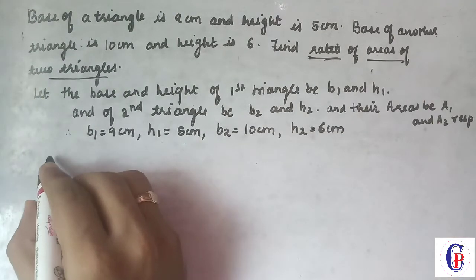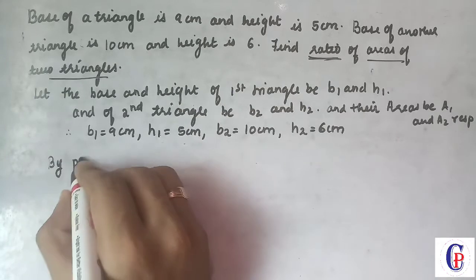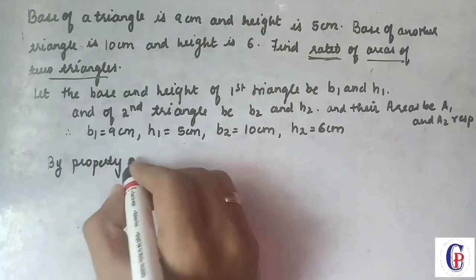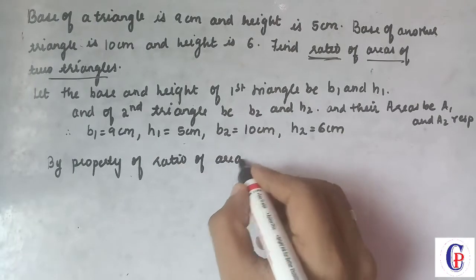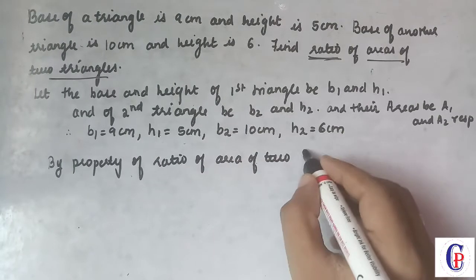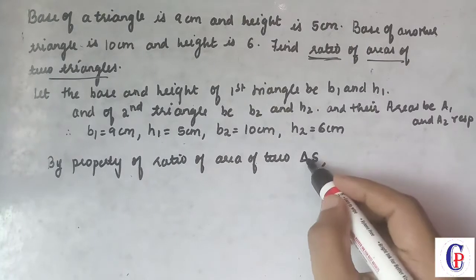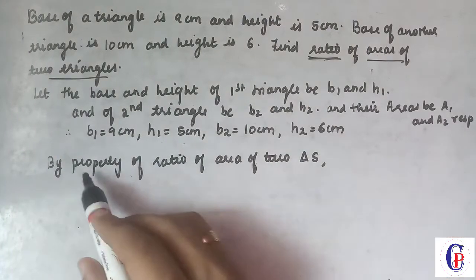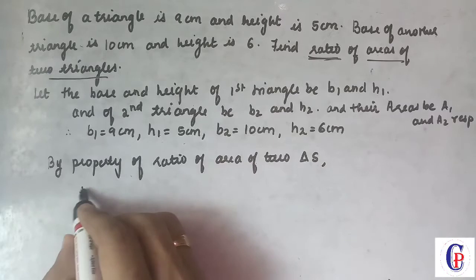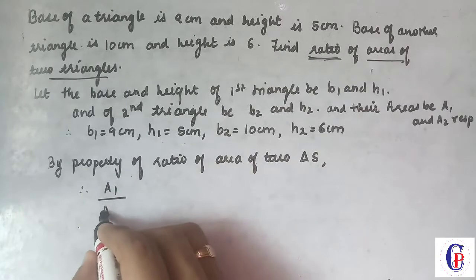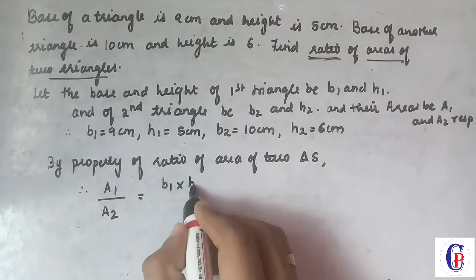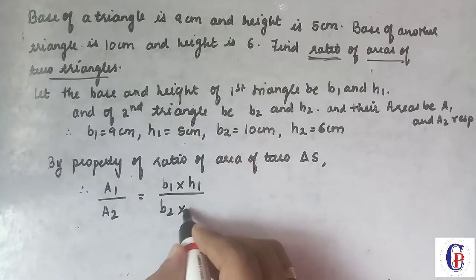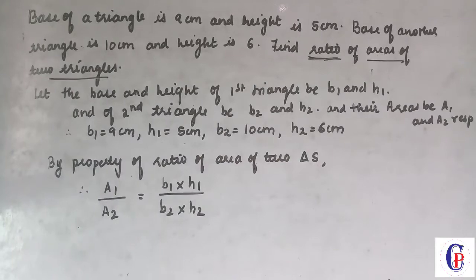By the property of the ratio of areas of two triangles, we know that the ratio of the areas is equal to the first triangle's base into height upon the second triangle's base into height.